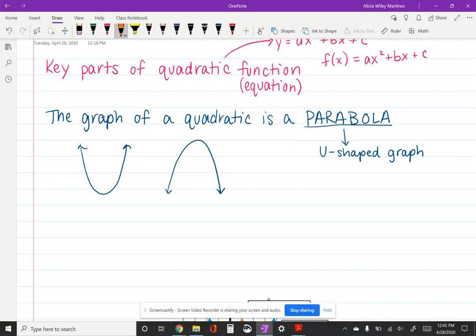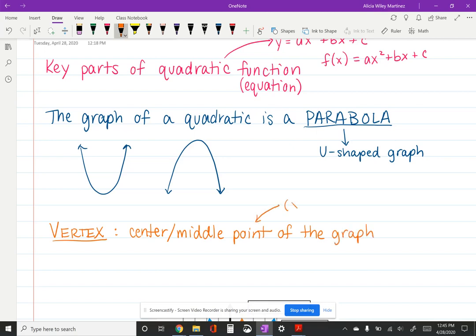One of the key parts of a quadratic graph is what we call the vertex. A vertex is the center or middle point of the graph. Remember that a point on a graph is always written as the ordered pair x, y.